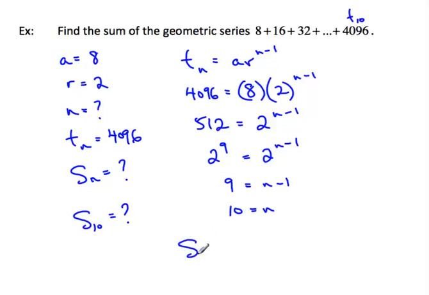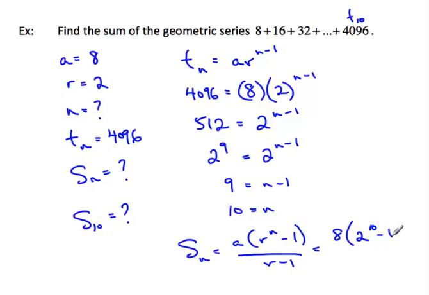The sum of the first 10 terms is going to follow this formula. So we just plug in all the values that we have. a is equal to 8, r is equal to 2, and n is equal to 10, so 2 to the 10 minus 1 over 2 minus 1.